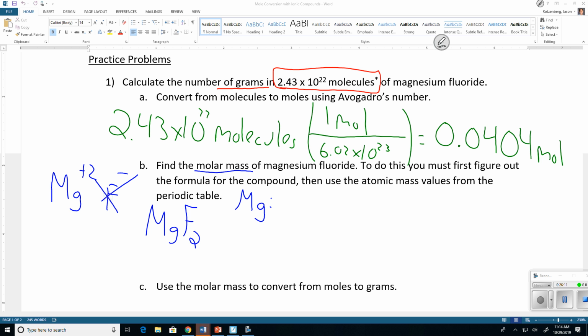Justin, look at your periodic table. What's the mass of magnesium? Again, we typically go to the hundredths place. 24.31. Lily, how about fluorine? 19.00. And there's 2 of them in the formula. So I'm going to multiply that by 2.